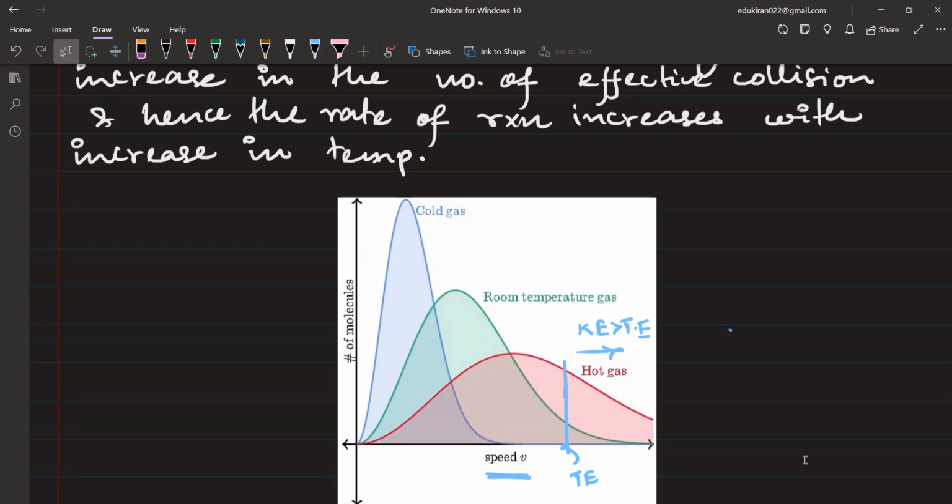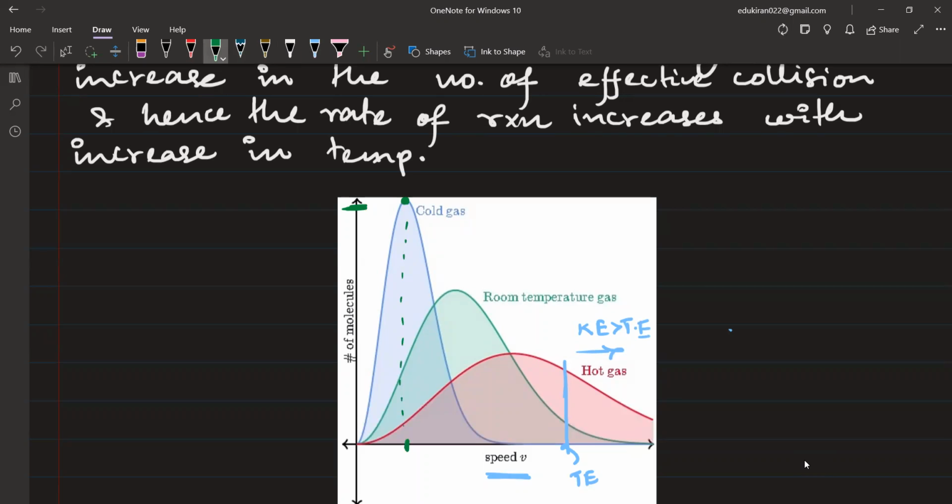Okay, Mohammed Umar. So pinpoint a point in a particular plot, for the cold gas, room temperature, and hot gas, and think about what the point signifies. Take any point for that matter. You take this point here. It represents that the number of molecules with this particular speed is this much.